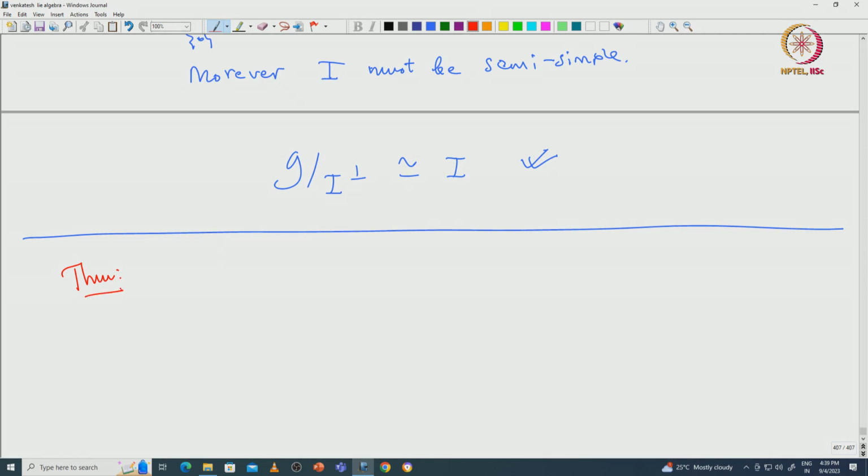One can use induction and then write any semi-simple Lie algebra as a direct sum of simple ideals. And this also gives us one more characterization for semi-simple Lie algebras. Take G to be a complex Lie algebra.